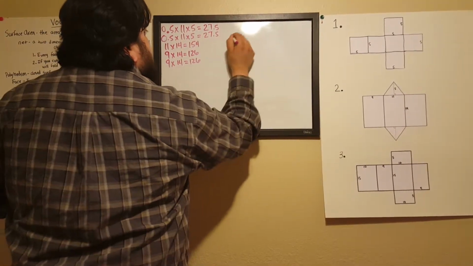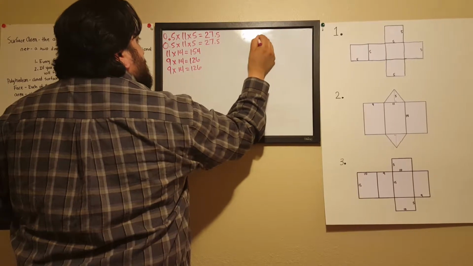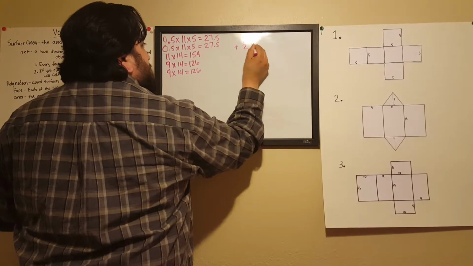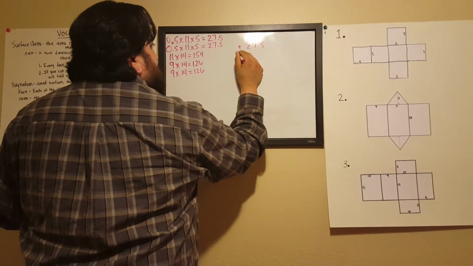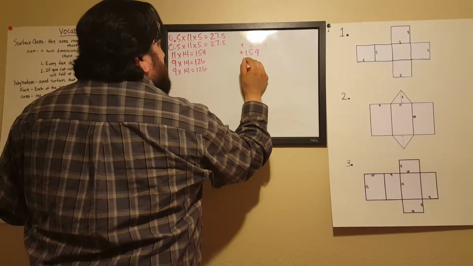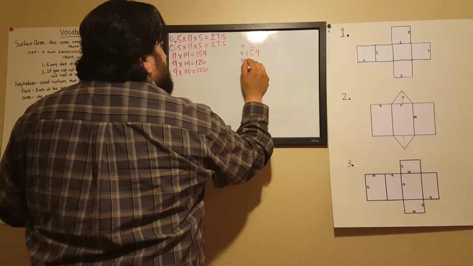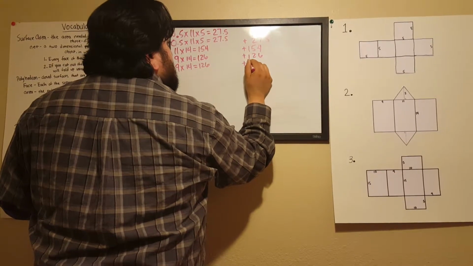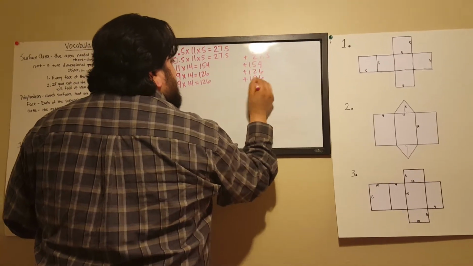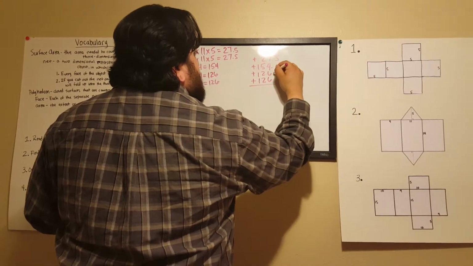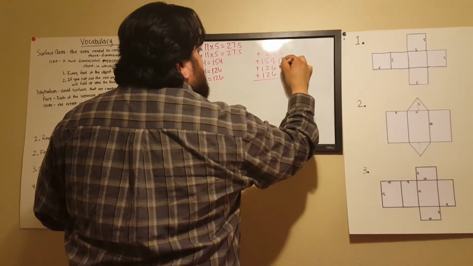So we do 27.5 plus 27.5 plus 154 plus 126 plus 126. And if it helps you, because you have the 0.5s, you can go ahead and just put 0.0 on these.